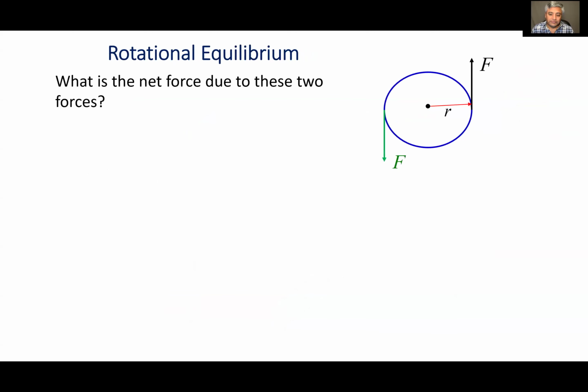So now, this I already talked about, rotational equilibrium. When net torque is 0, it's rotational equilibrium. When net force is 0, it's translational equilibrium, right? So now we have, let's say, an object like this.